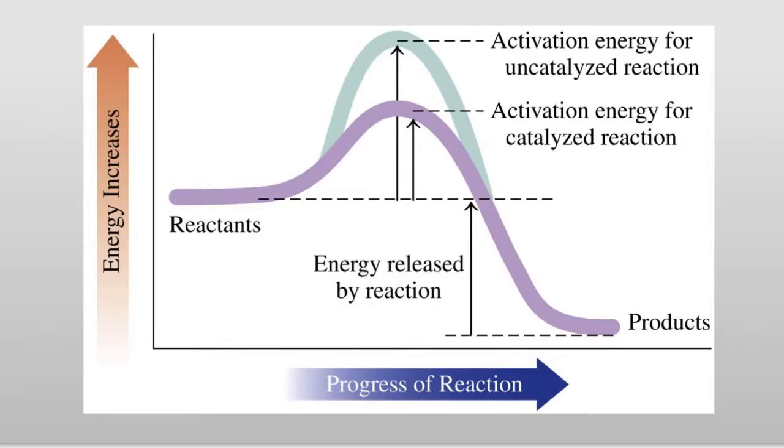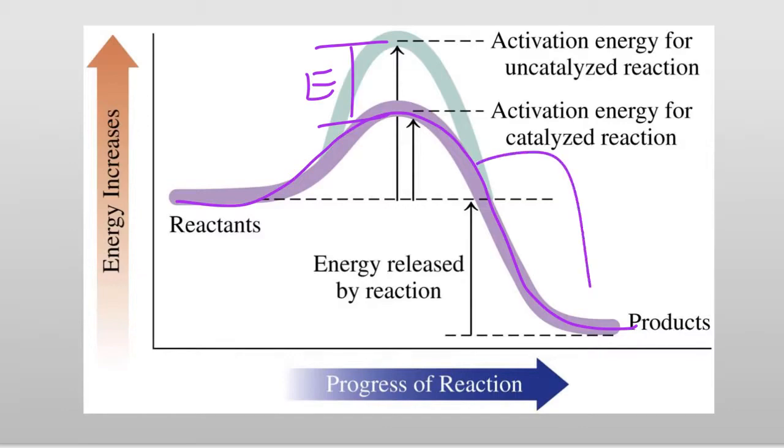And so you can easily see that the amount of energy required to get the reaction to occur has lowered by that much energy. And so that actually means that more atoms, molecules, or formula units of ionic compounds have enough energy to actually react and cause products. So at any temperature, the reaction will go more quickly.